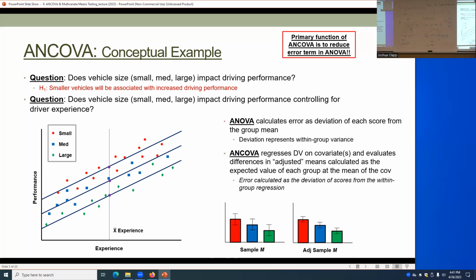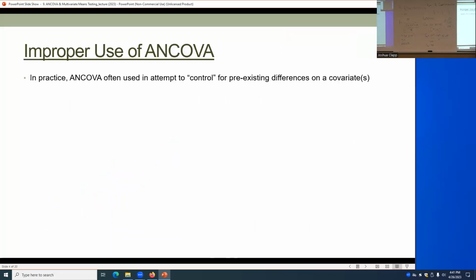Now we have differences projected at the average level of my covariate or covariates, and then my error term is the difference between my expected point on the regression line for my covariates and my actual observed value, as opposed to the difference from the group-level mean. Okay, so what this does, again, is shrink down that error term by a ton, if done correctly.